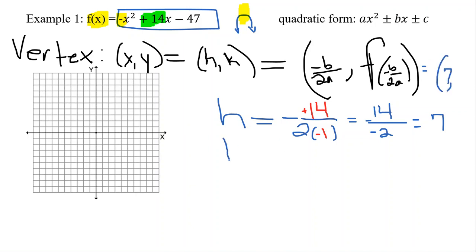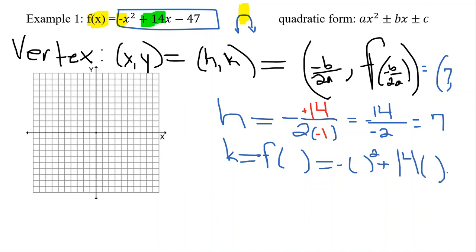Now let's find out what k is. K says I take whatever my answer was for h and plug it into my function. So now we have this as our function, and everywhere I see x, which is my h, I'm going to plug in 7.